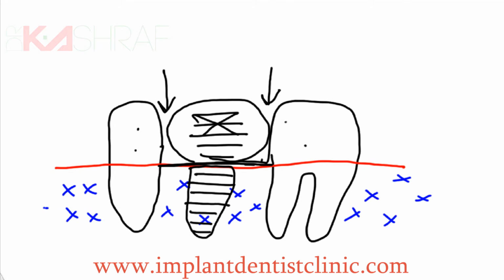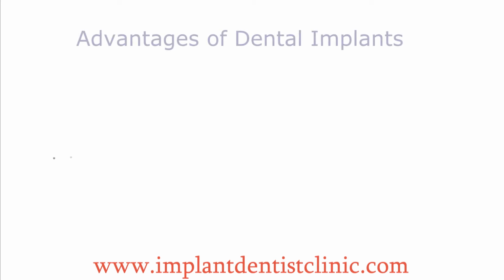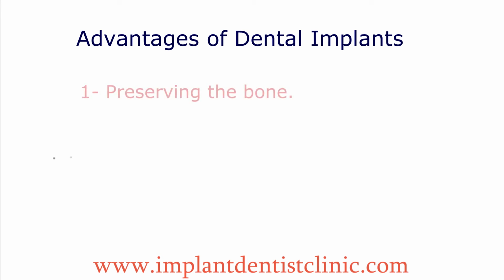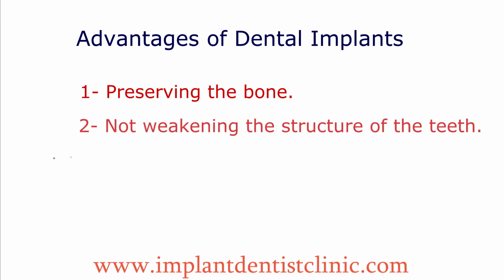So coming over here again, we're talking about the advantages of implants. The first advantage would be that we are preserving the bone. The second advantage would be that we're not weakening the structure of the adjacent teeth.